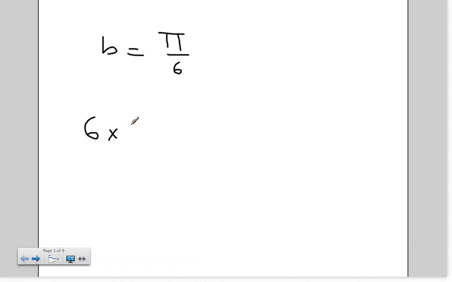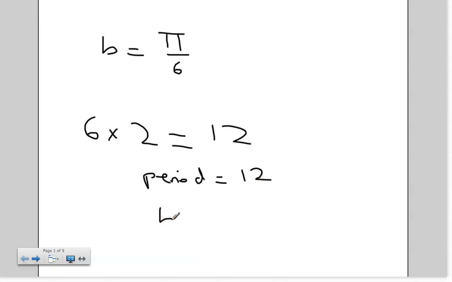Now we're going to multiply this by 2 to get the length of the full wavelength. So the period, sorry for my handwriting, equals 12. Now what we do from here, we take b, and we have the equation 2 pi over b.